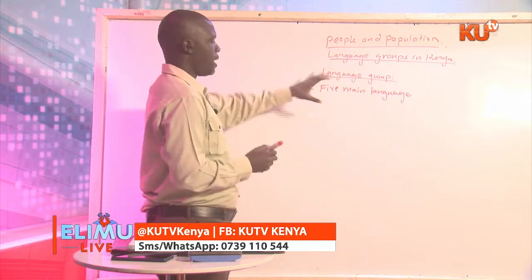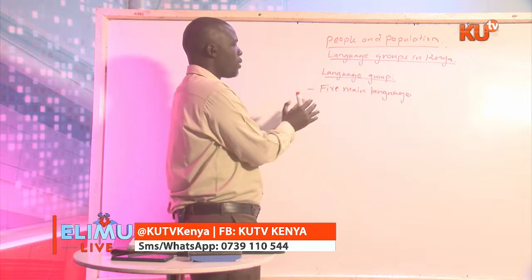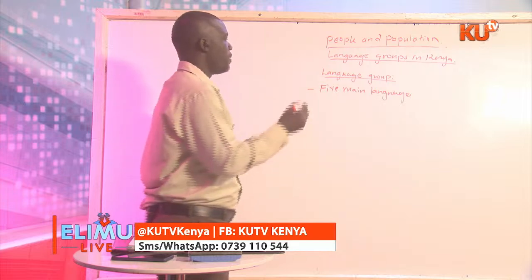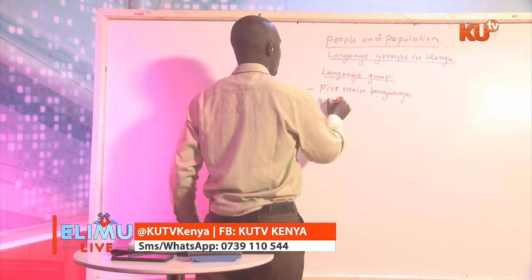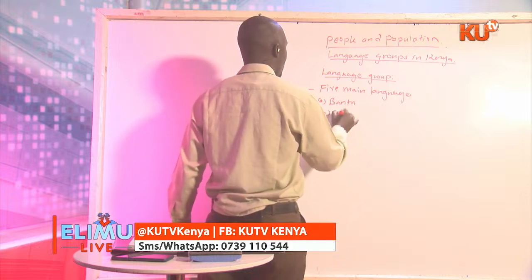After understanding what the language groups are, from these language groups we are going to get the communities which make up those language groups. The main language groups we have in Kenya are 5. A, we have the Bantu. B, we have the Nilote.